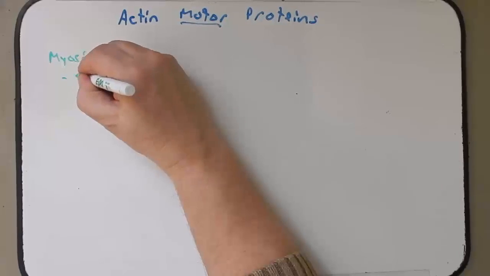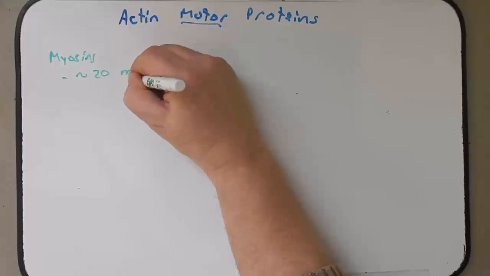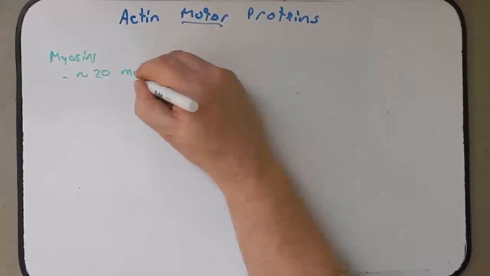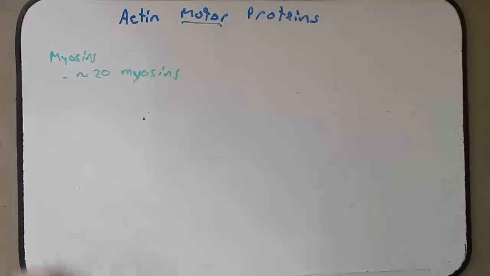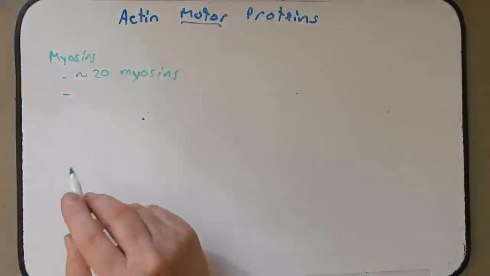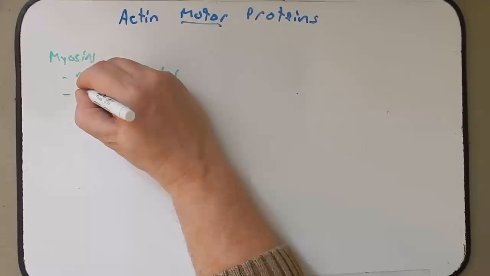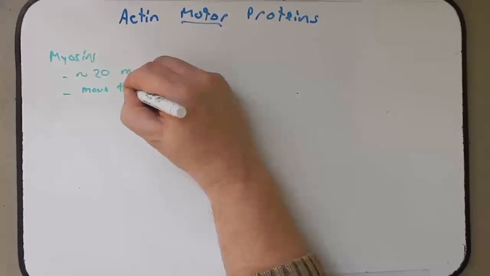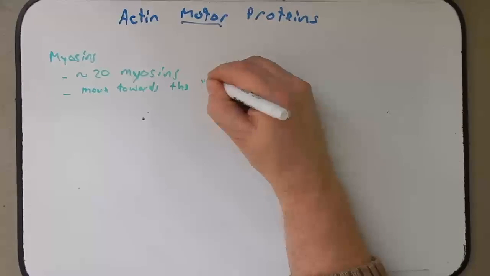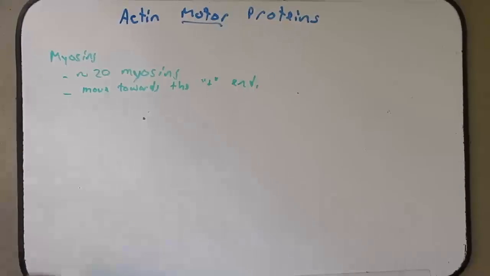There are about 20 different myosins that have different tissue specificities and different functions. But remember, as they move, they will always move towards the positive end. So what do these motors look like?